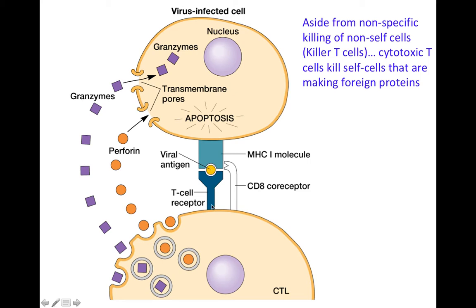And if they see the one antigen that they have evolved to detect, it'll secrete perforin and granzyme to kill that virally infected cell, and then it will not be producing any more viral particles.